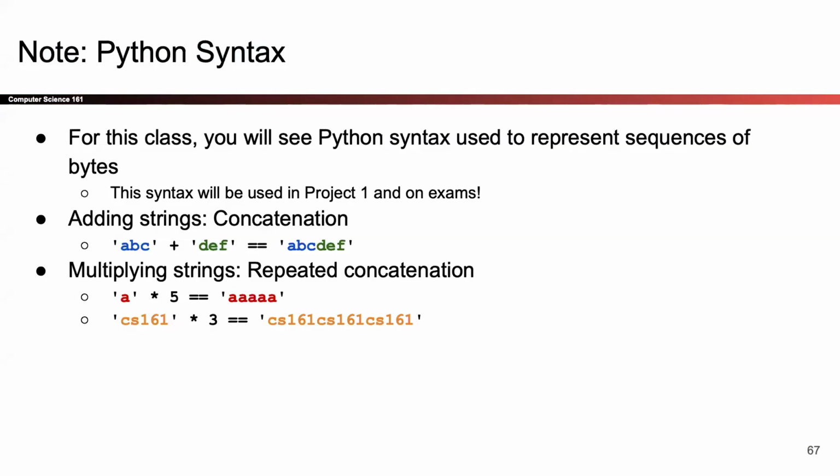I'm going to show you how to exploit real programs that have these kinds of vulnerabilities, and I'm going to introduce some notation here. We'll use Python syntax to represent strings, because it's convenient. If I write quotes A times 5, that's a way of saying 5 copies of A. Five A's would be fine, but if I had 32 A's, it would get tedious.